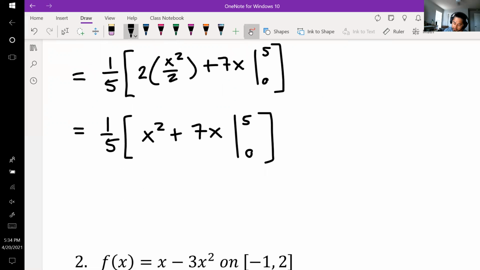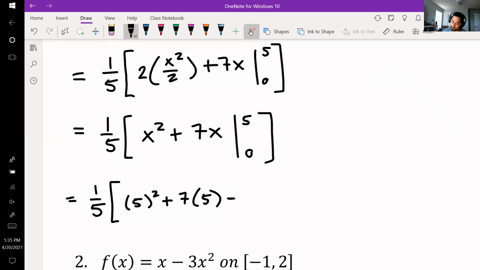So this is what we're going to get: 1/5 times, and I'm going to plug in 5. You get 5 squared plus 7 times 5 minus, and put a parentheses here, and you'll have 0 squared plus 7 times 0. Close bracket.